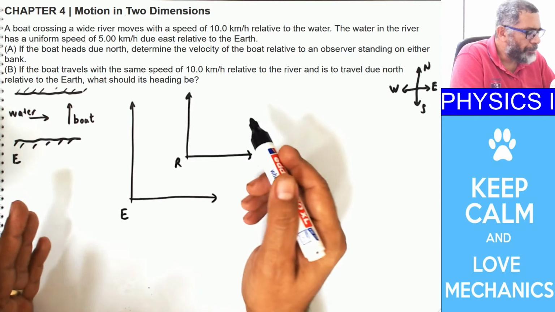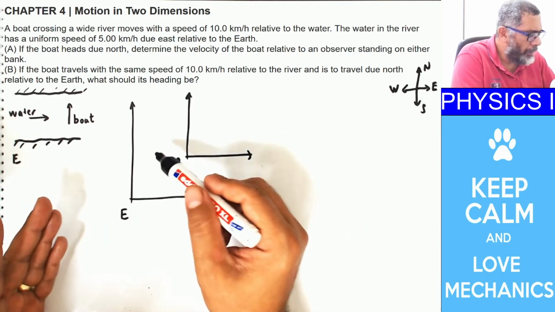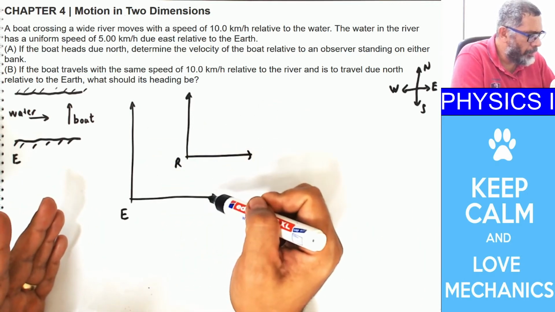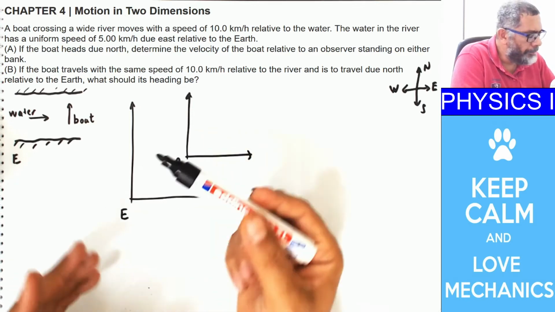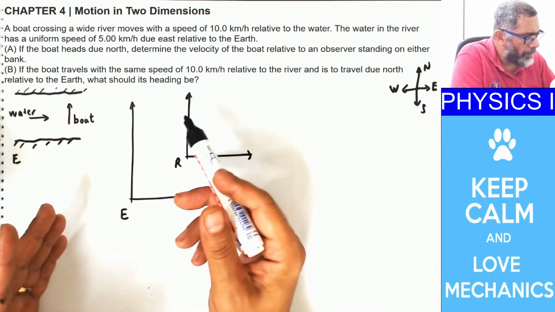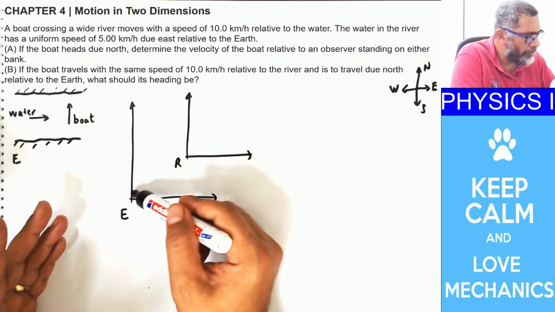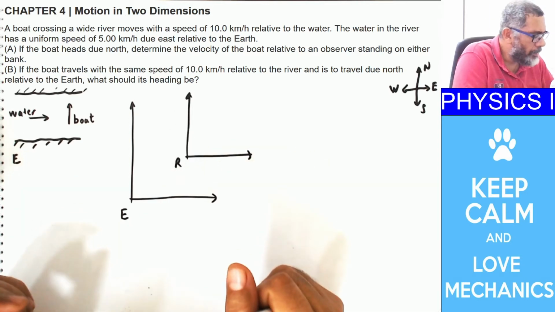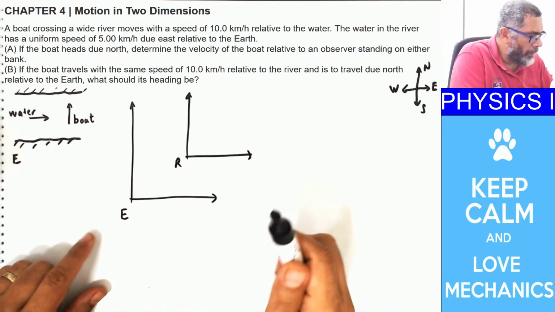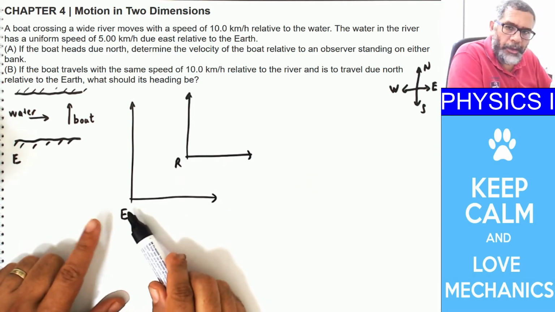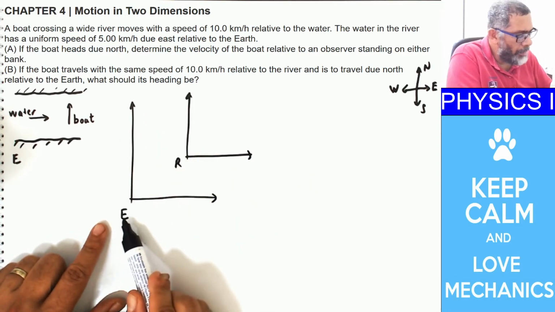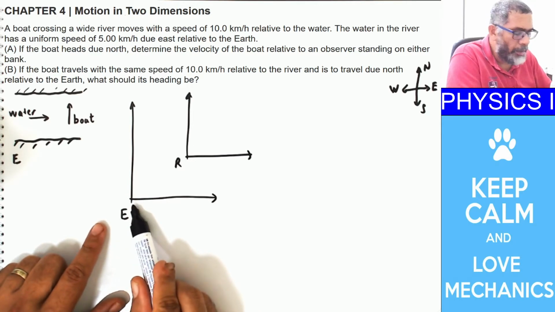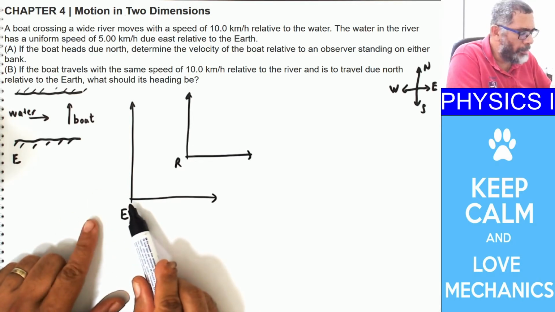So let me tell you about these coordinate systems. Again, if you want to see the transformations between these two coordinate systems, just see our previous video. So the Earth coordinate system, which I label as capital E, is the steady one.